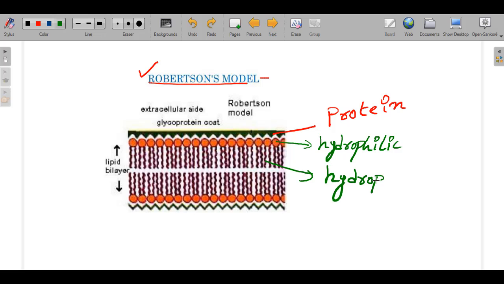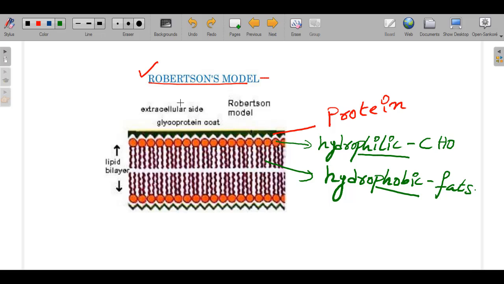When you say hydrophobic, these are nothing but the fats. You cannot mix oil with water. It's difficult. It won't get diluted. Whereas hydrophilic ones can be easily diluted. Hydrophilic ones are generally the carbohydrates, CHO, and the hydrophobic ones are fats. So this is how the lipid bilayer is arranged.